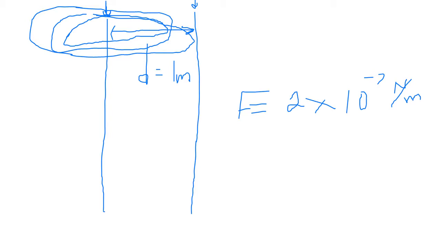But I think if the currents are running in the same direction, they will oppose one another, but if the currents are running in opposite directions, they will attract one another. So don't quote me on it. I think that's how it goes.